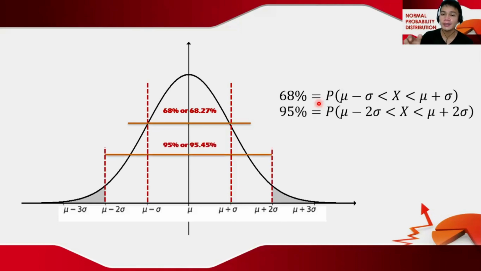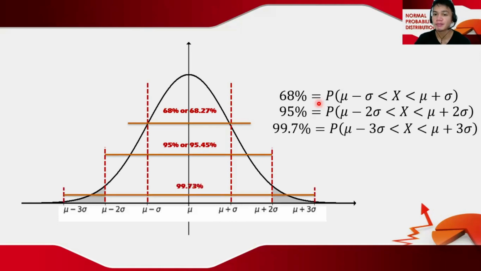And for the 95% or 95.45% probability area, it is the probability of subtracting and adding 2 standard deviations from the mean. And when we talk about the 99.7% probability area, it is the probability of adding and subtracting 3 standard deviations from the mean. To give you a clear picture of this empirical rule, let's validate this through these examples.